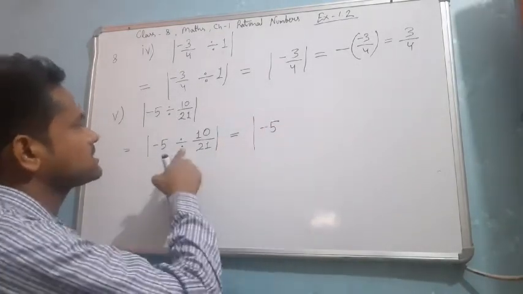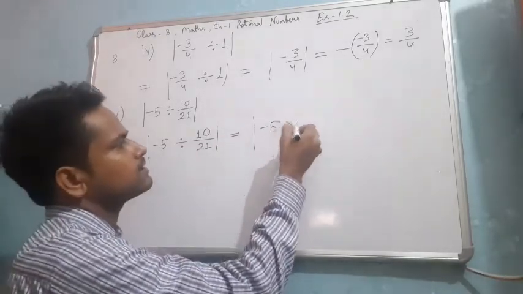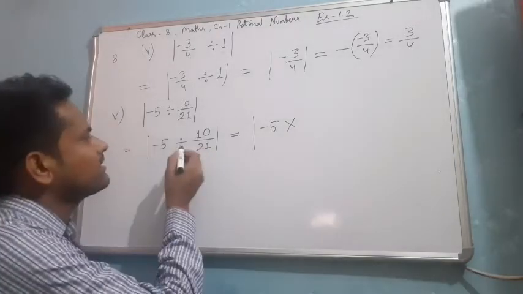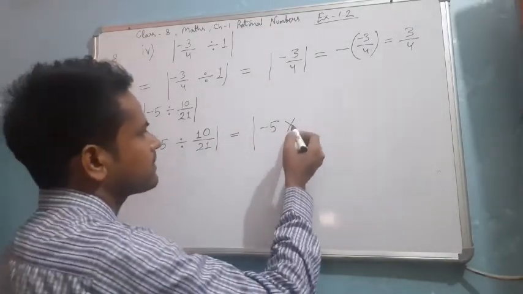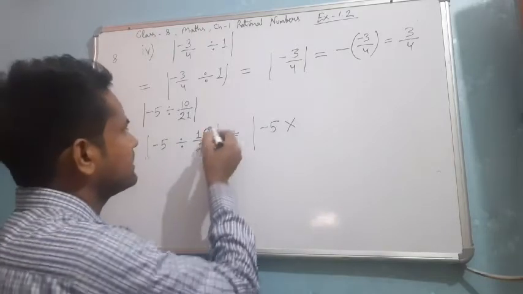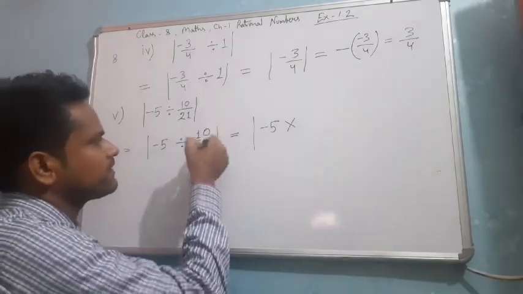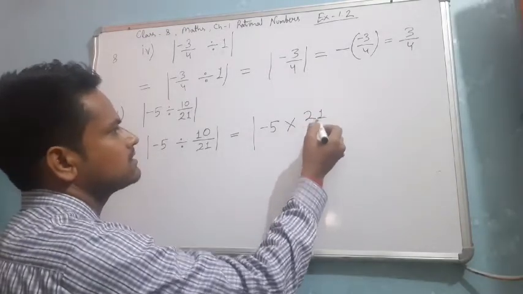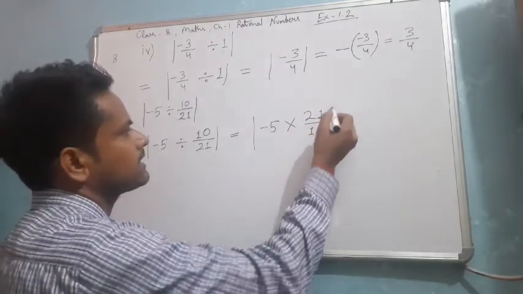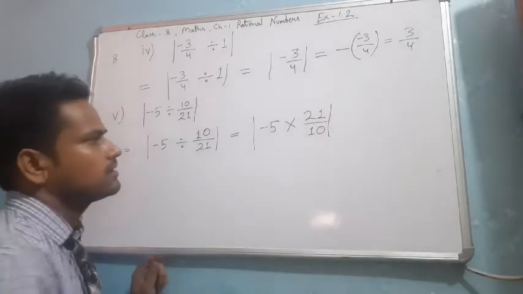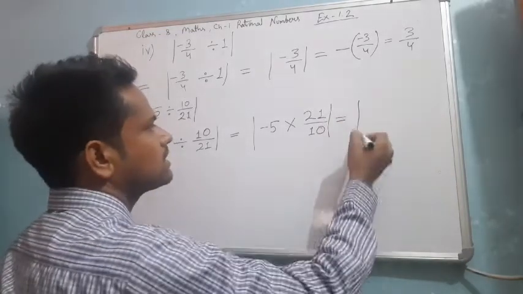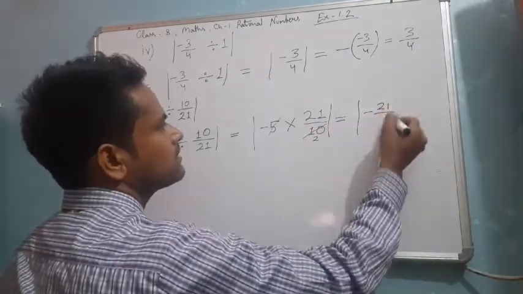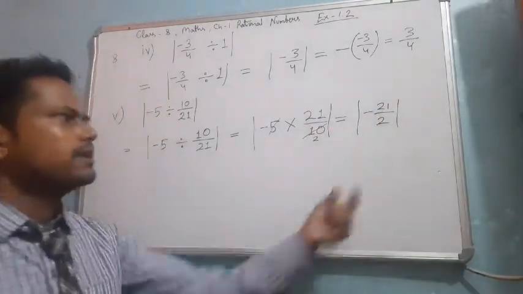So apply this concept here, then you will get minus 5, change the divide sign into multiply, then this fraction will be reciprocal. That means 21 upon 10. And solve this expression. 5 twos are 10, that means 21 by 2 in mod.